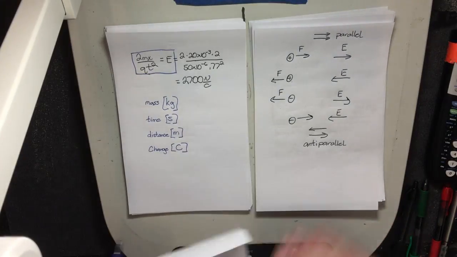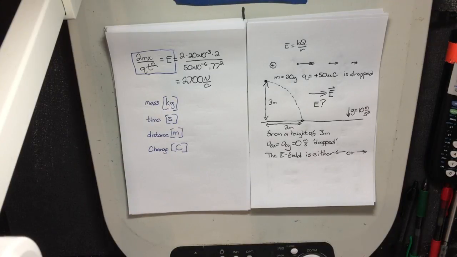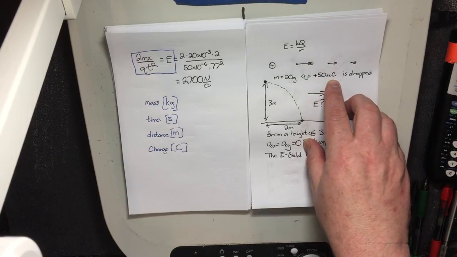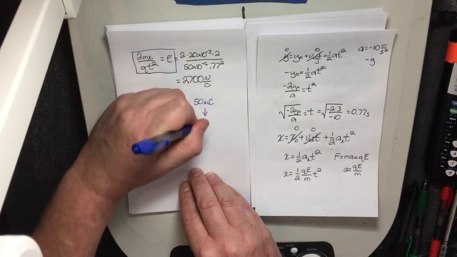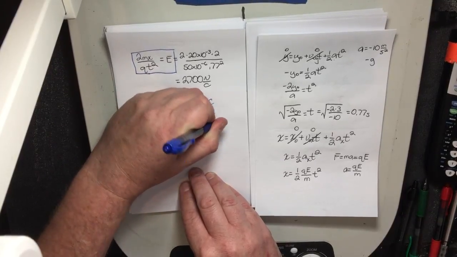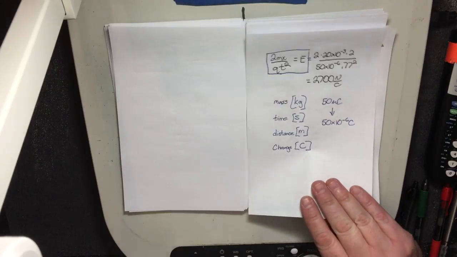So when I said 50 microcoulombs, you should convert that to 50 times 10 to the negative 6 coulombs. It's a capital C. So you need to have a knowledge of milli, micro, nano. That's about as far as we're going to go on one side. Kilo, mega, giga on the other. So know those basic conversions.